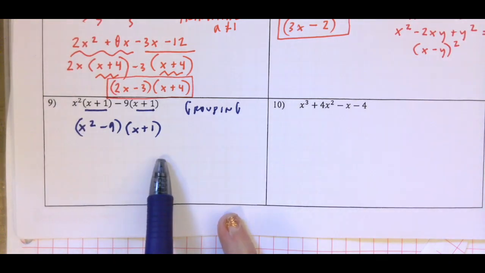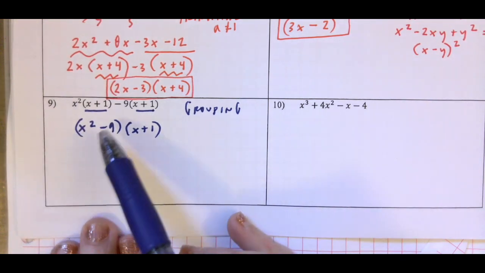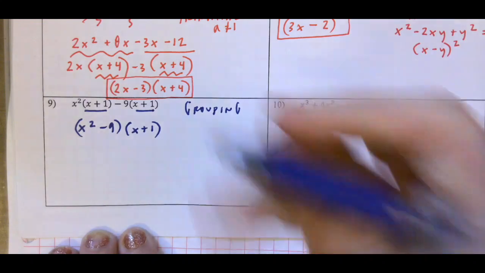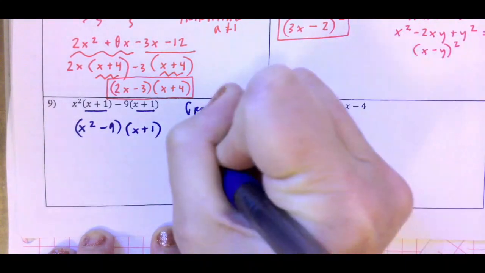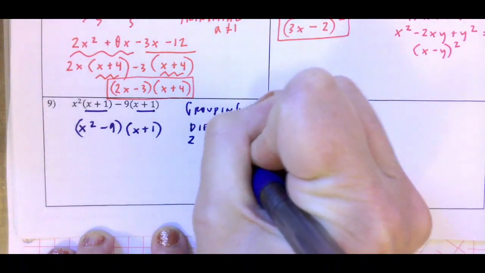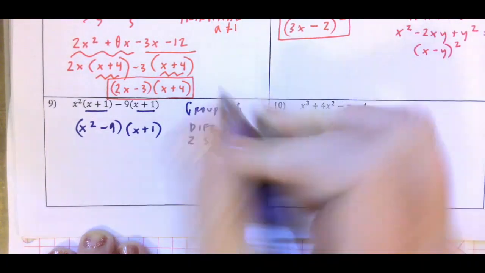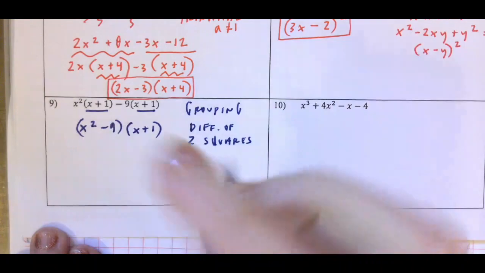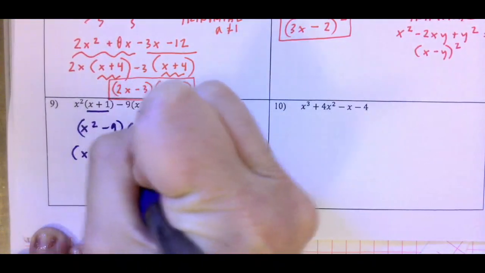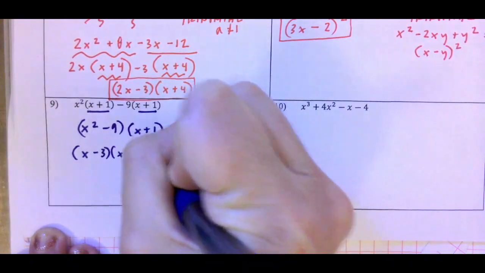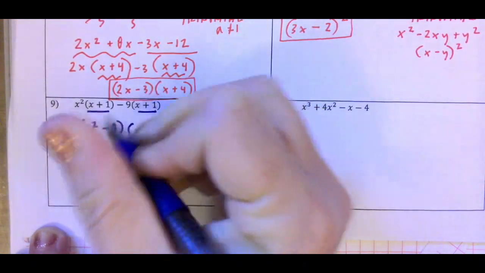So now I've regrouped it, but I see that there's more to do because this right here is a difference of 2 squares. Right? Perfect square, perfect square. So this factors into x minus 3 times x plus 3, and then here's the other x plus 1.